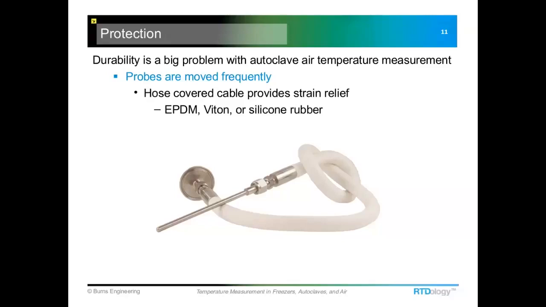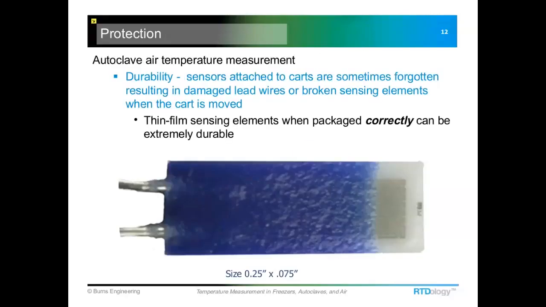One other thing to look for is on the sensing element themselves. Besides the hose and the setup through the autoclave wall, you've got to pick a really heavy duty temperature probe. And one of the best ways to do that is with a thin film sensing element. And this is an enlarged view of a thin film platinum resistance sensor.